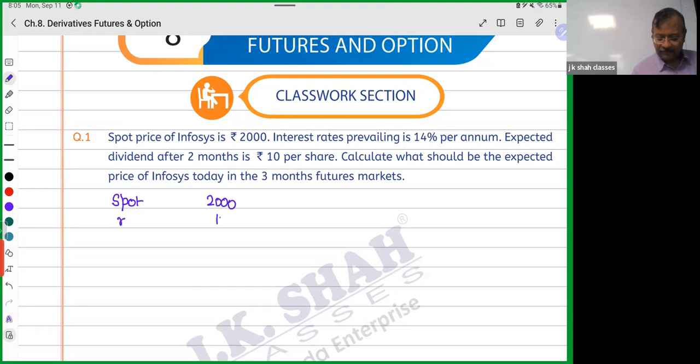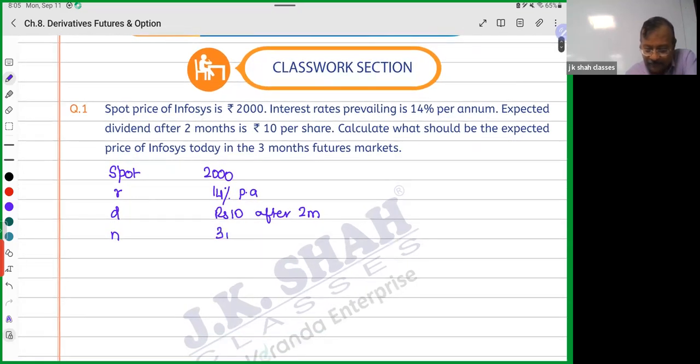R is given. And dividend is rupees 10 after 2 months. And N is 3 months. Calculate and let me know the answer, then I'll solve it.